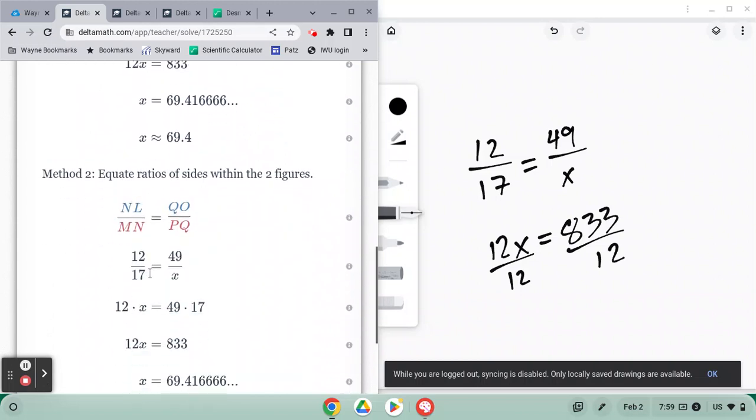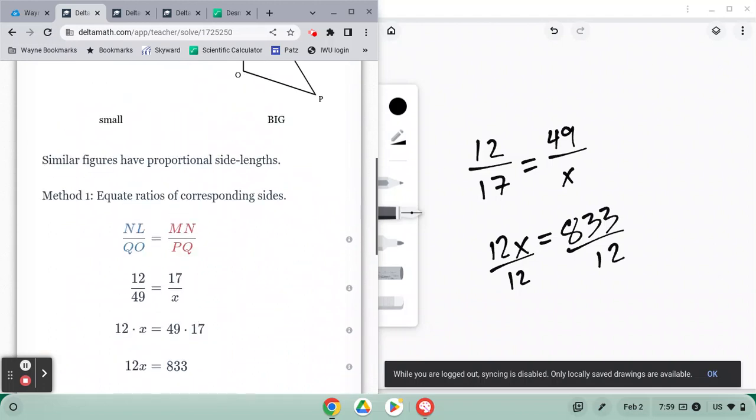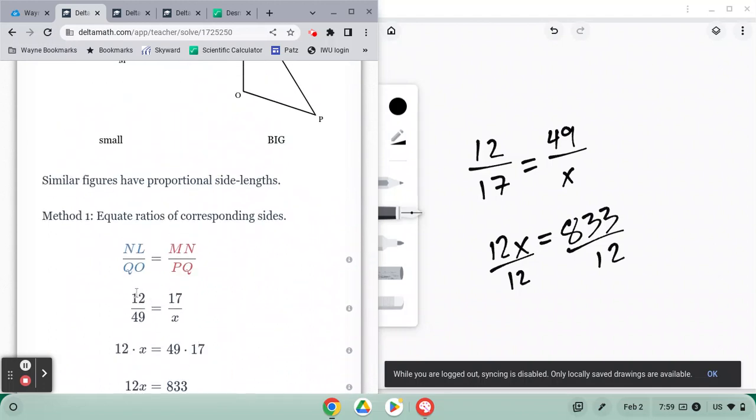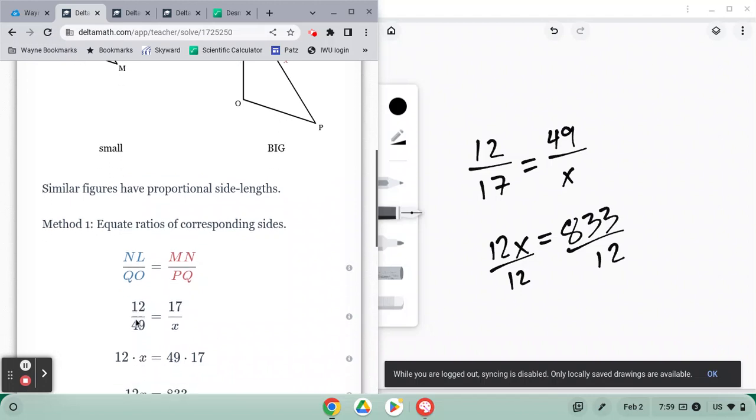Okay, now if we look down here, you can see there are two ways they set it up. The bottom way, 12 over 17 equals 49 over x, that's exactly what we have. They also show you could do 12 over 49 equals 17 over x. In that case, 12 and 49, those are the matching parts. Do you see like we have here, 17 over x. The reason this works is when you cross multiply, you see they'll still do 12 times x and 17 times 49.